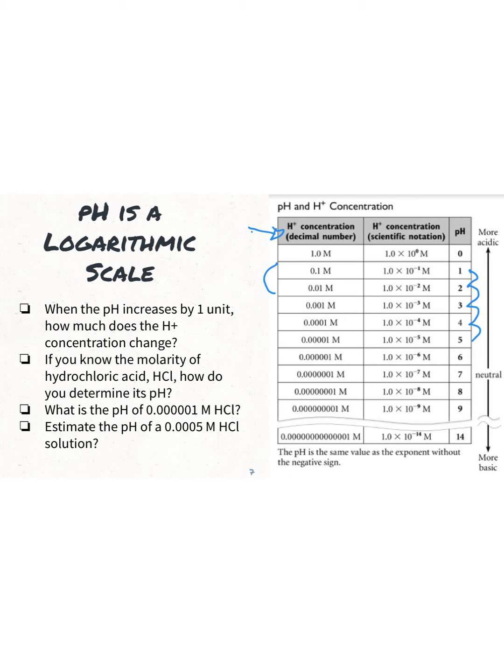We'll notice that the scale is going in the opposite direction for acidity. As you go up the scale and you become more acidic, the H+ concentration is the highest.